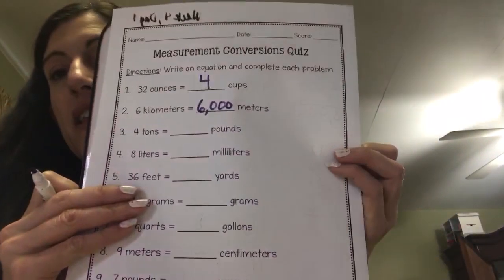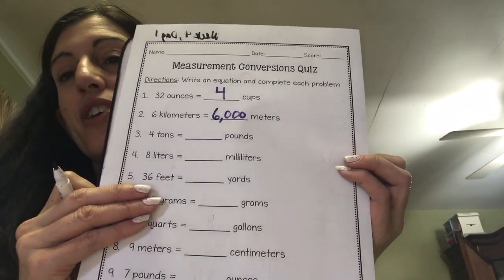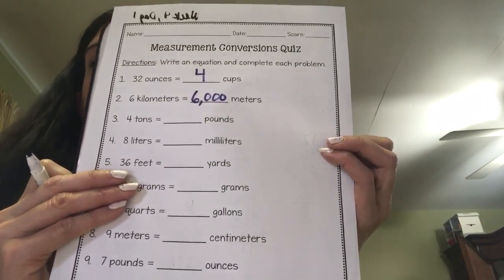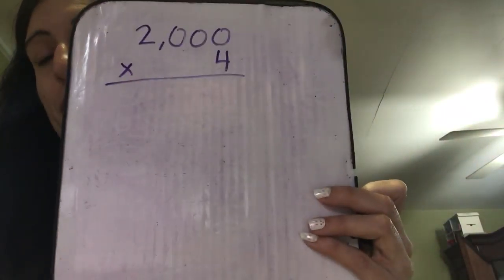6,000. The next we're going to do is go from tons to pounds. We have 4 tons. We need to know how many pounds that is. Well, there's 2,000 pounds in a ton. So the problem we're going to set up is 2,000 times 4.